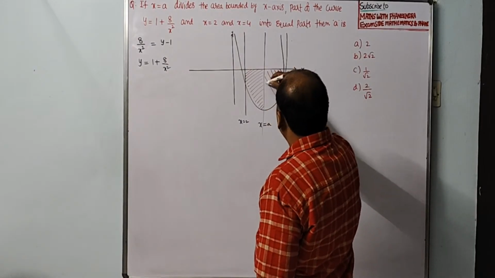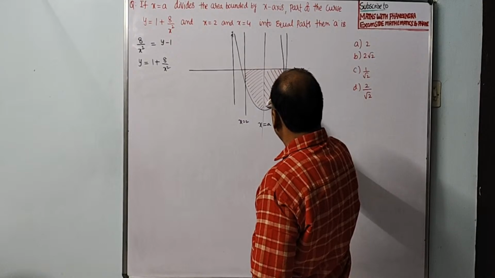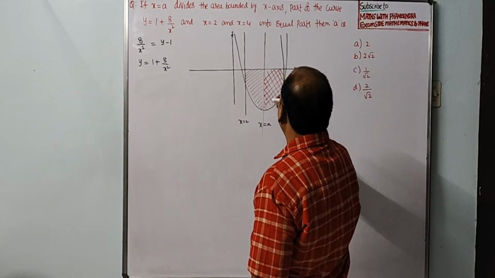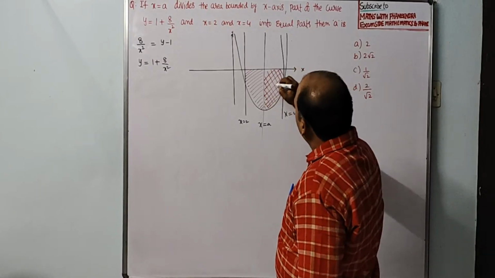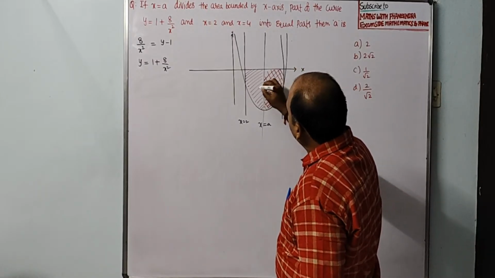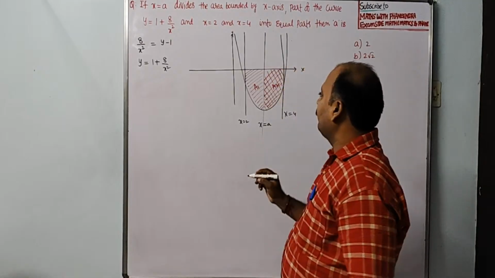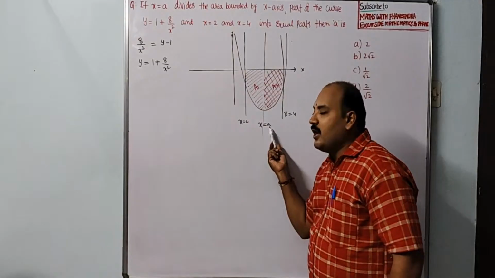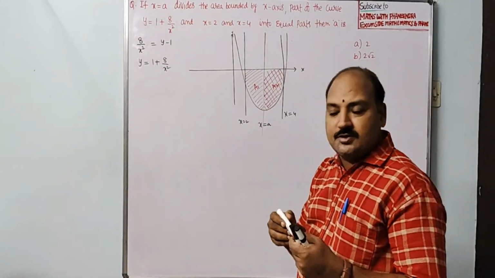So both the shaded regions I am drawing like this. For understanding purpose, one side complete shaded. This area is A2, this area is A1. These two areas are equal, then the value of a they are asking to find, dear students.